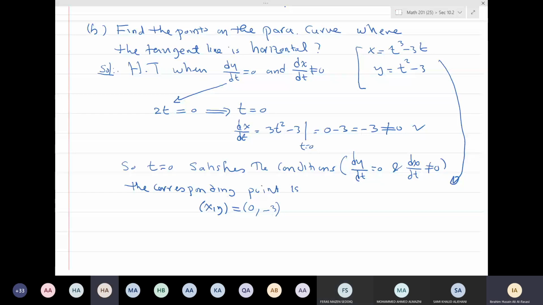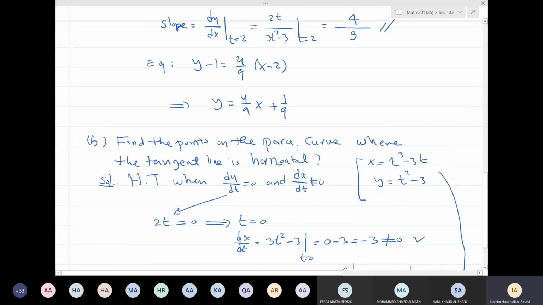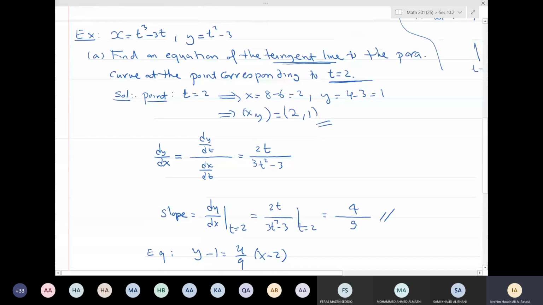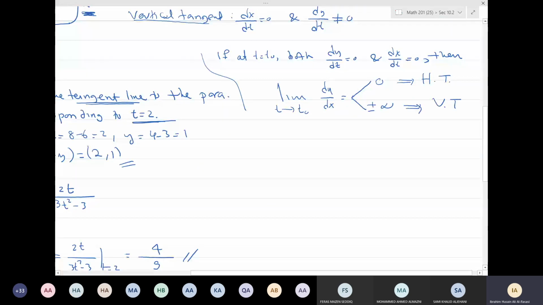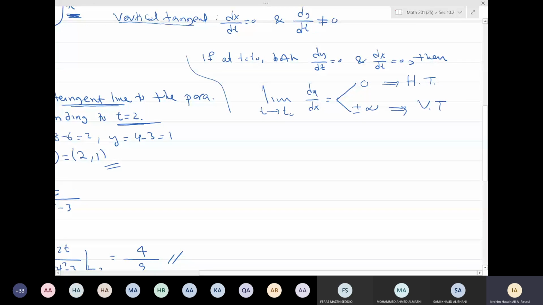If I check the second condition and it is 0, meaning both are 0, then you are in the third case and you have to check the limits. Based on the value of the limit, you decide whether you have vertical or horizontal. Again, you have an example in the notes about this.